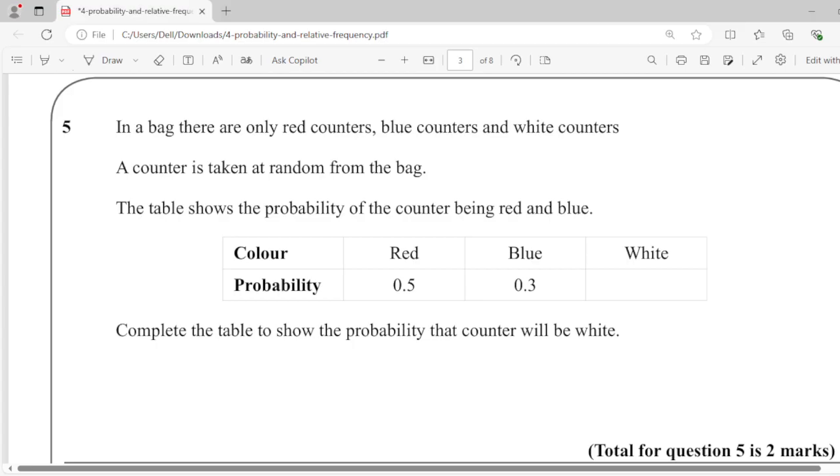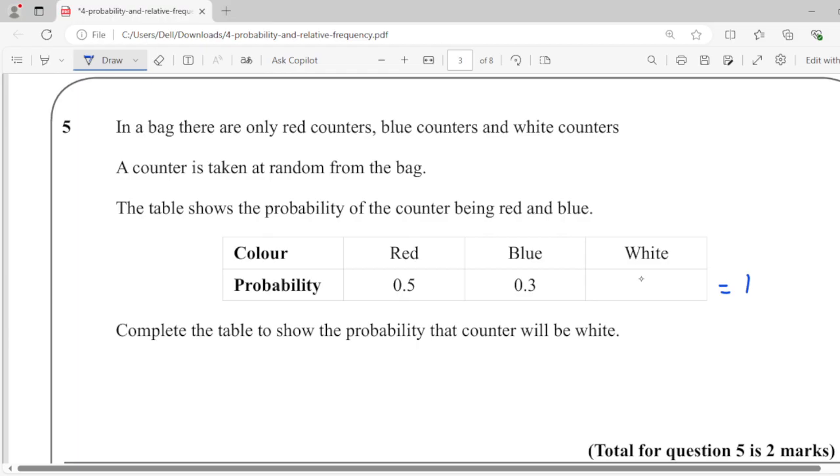Question 5. In a bag, there are only red counters, blue counters, and white counters. A counter is taken at random from the bag. The table shows the probability of the counter being red and blue. Complete the table to show the probability that the counter will be white. We all know that probabilities add up to 1.